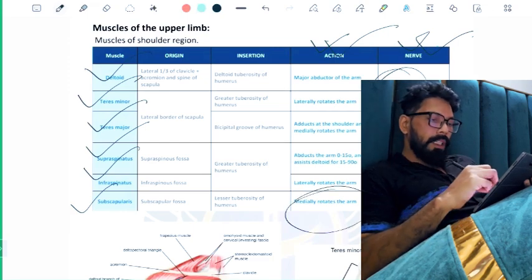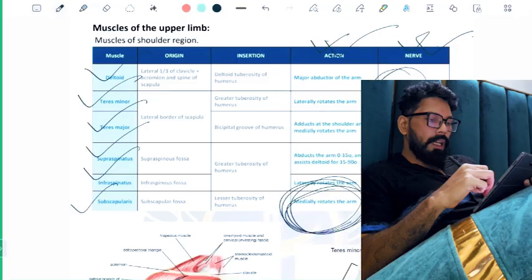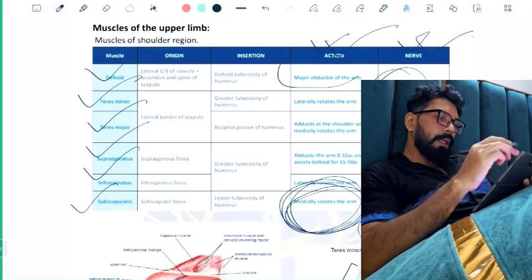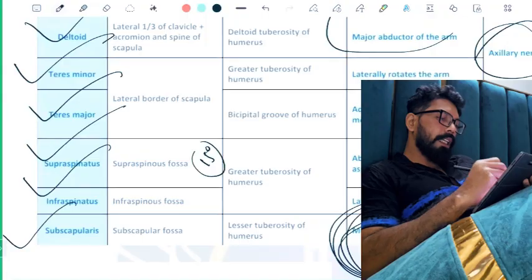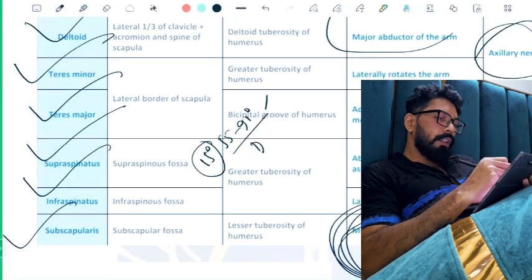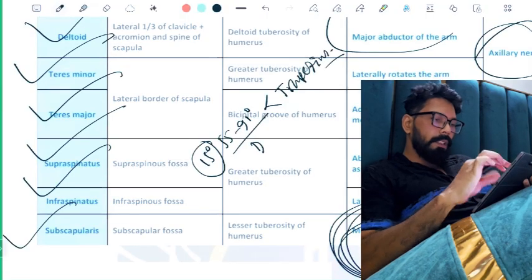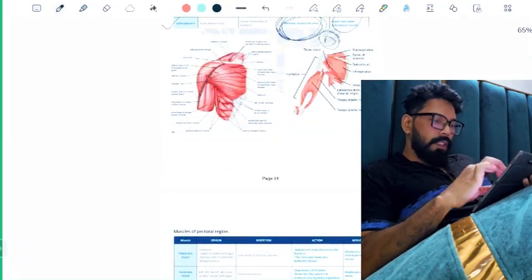And the action, medially rotates the arm, only one. Other than that, others abduction. Supraspinatus first 15 degrees, 15 to 90 degrees deltoid, over 90 degrees trapezius. Okay, then only these things.